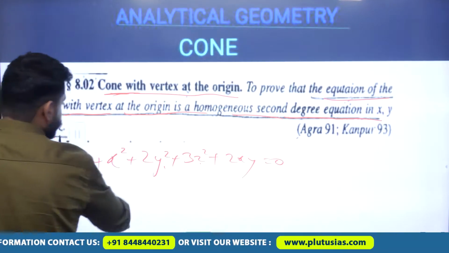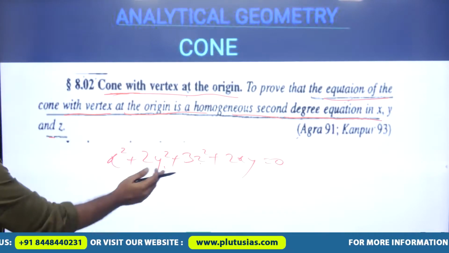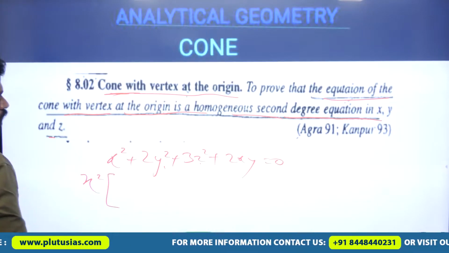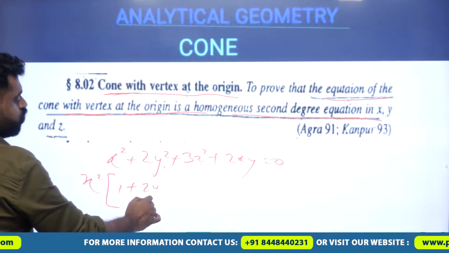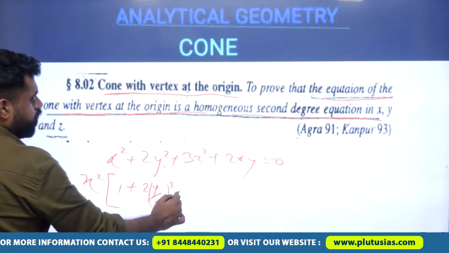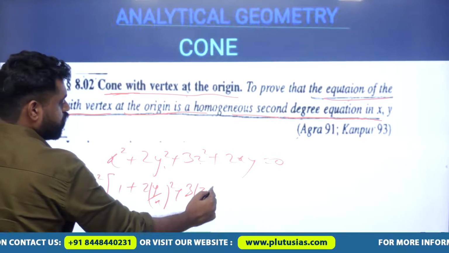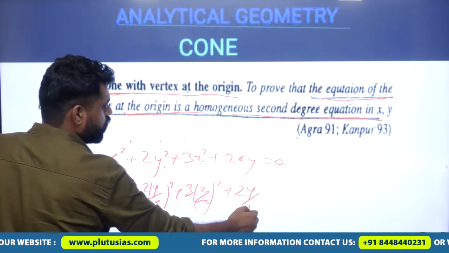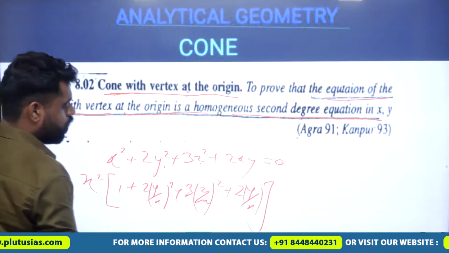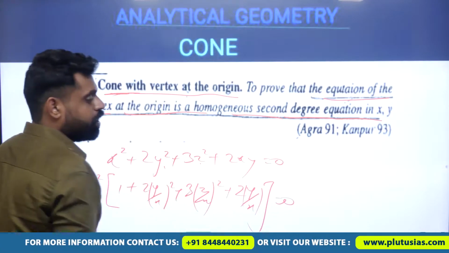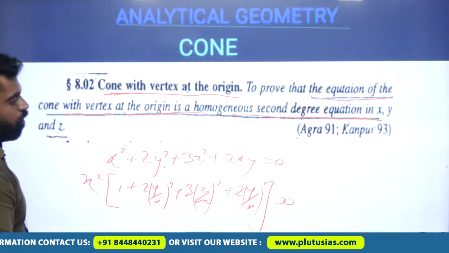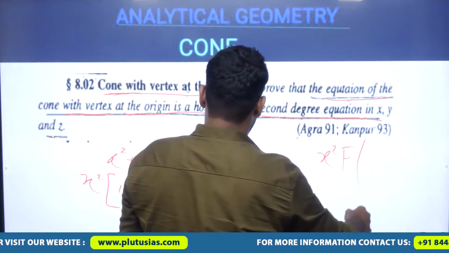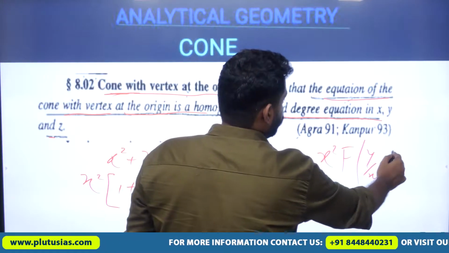Another way to see whether an equation is homogeneous or not: suppose I take x square common from here, so we get 1 plus 2 (y upon x) whole square plus 3 (z upon x) whole square plus 2 (y upon x). So we can say that now it is of the form x square f of (y upon x, z upon x).